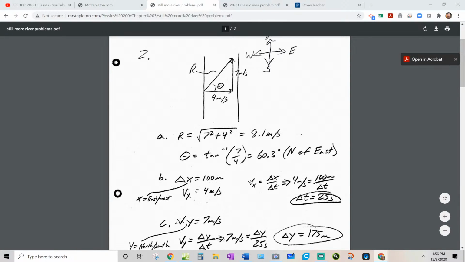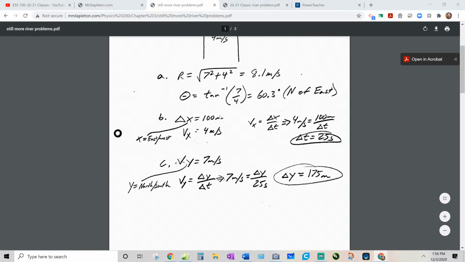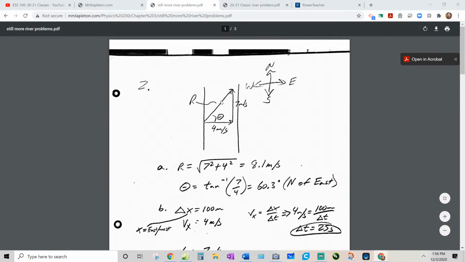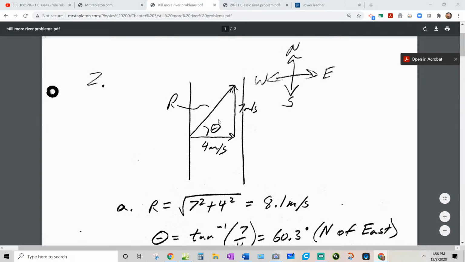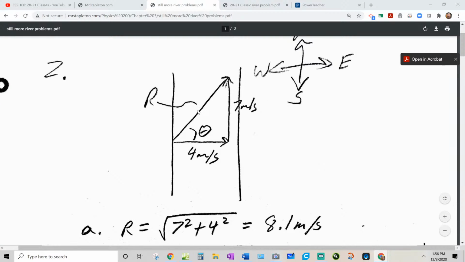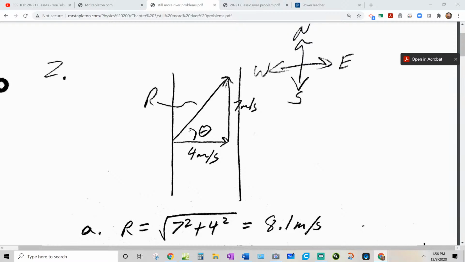So one thing I want to point out is that if you're just trying to find out something like the amount of time it takes to get across a river, if this resultant vector represents how fast the boat is really moving, you don't have to figure out what this distance is and what that speed is and then divide distance by speed to get time. Since this dimension and this dimension are independent from one another, if you want to know how long it takes to get across the river, then you only need to know the velocity in that dimension.